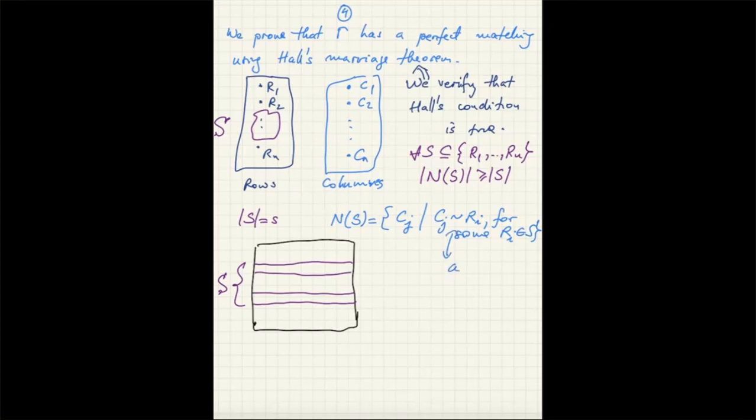It means the entry Aij is positive. So when we look at the columns, we have two types of columns. If we look at this column Cj, and anywhere in one of these entries we see something positive, then that column is part of the neighborhood of S.